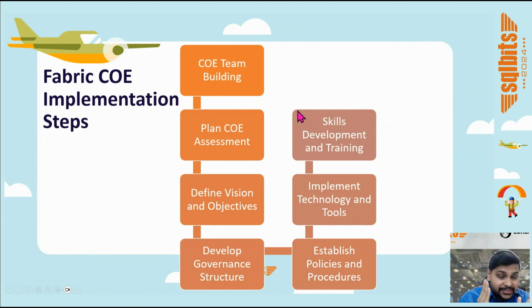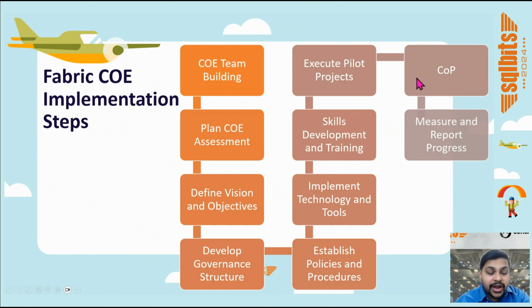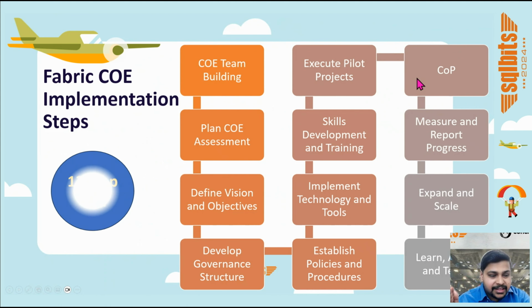You develop skills for your company or team. Then you execute your pilot project and community of practice, hosting weekly, bi-weekly, or monthly team meetings as a COE. Then you measure and scale, report, and further expand, scale, learn and adapt. These are the 12 implementation steps that I suggest any organization follow to implement a Fabric COE end to end.